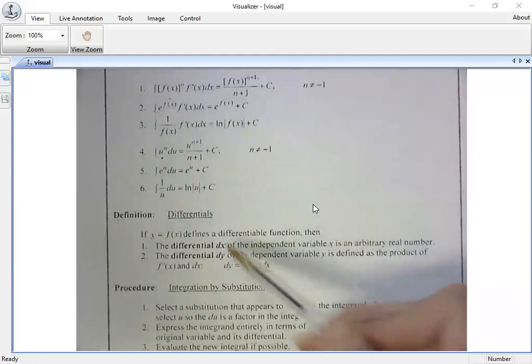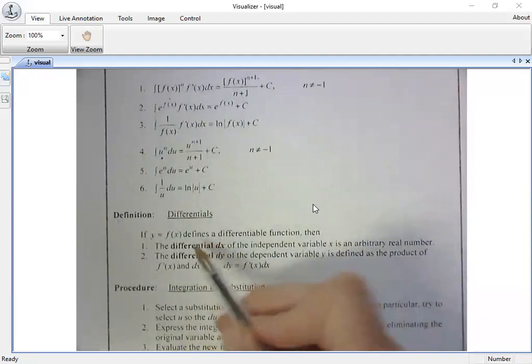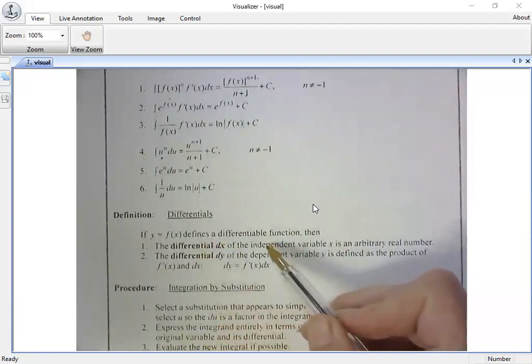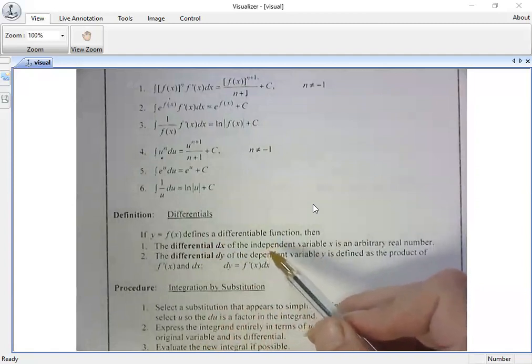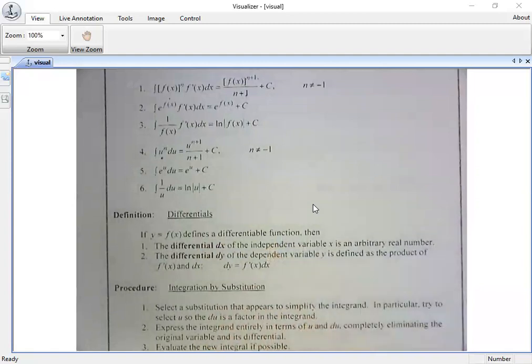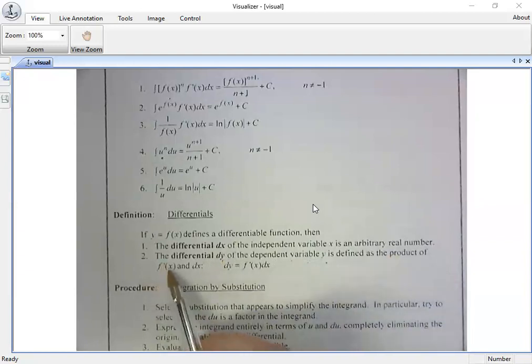Okay? We have to be sure, first of all, that we're working with a function that is differentiable, okay? In other words, it's got to be something that it's possible to take the derivative of. Then what we would know is that we can take the differential dy of the dependent variable y, and that becomes the product of f prime of x and whatever the dx is.